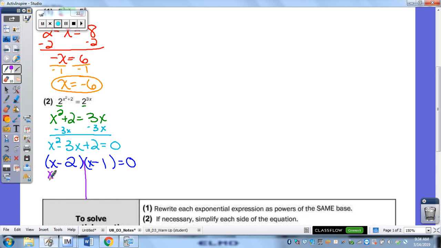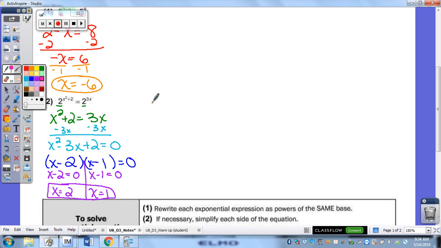And then we set both of these equal to 0. We end up with 2 and 1 as our answers. Now, especially when you get 2 answers like that, you really want to check to make sure that they both actually work. Sometimes one ends up getting rejected.